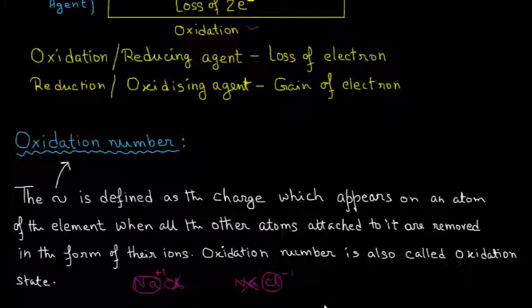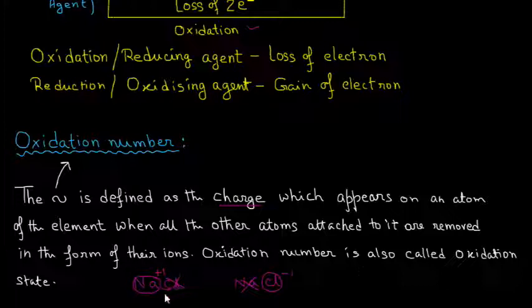So again, let us go to the definition. The oxidation number is defined as the charge. So it is the charge first of all, which appears on an atom of the element when all the other atoms attached to it are removed.